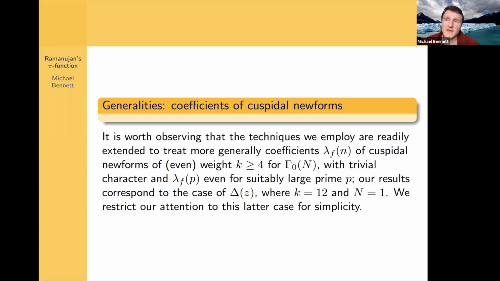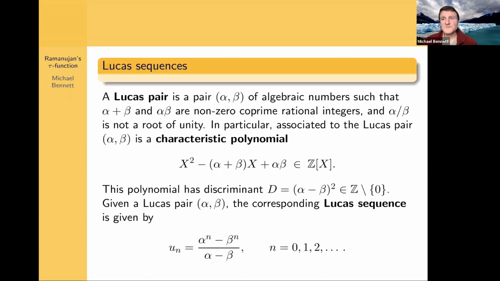For smaller weight, like weight 4 or 6, some of the machinery I'm going to mention coming from Frey curves is more complicated there, or potentially could fail. But in those cases, other techniques, transcendental techniques, work much better, or perhaps Chabauty-style techniques for finding rational points on higher genus curves. So I'm going to segue into where we can get our hands on this, and the fundamental idea lying underneath this is a very elementary one.